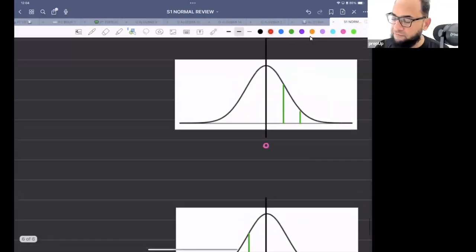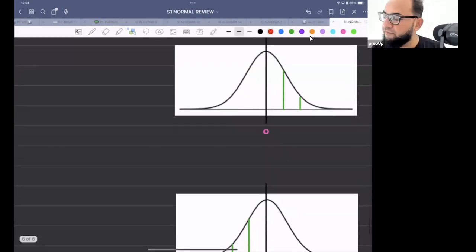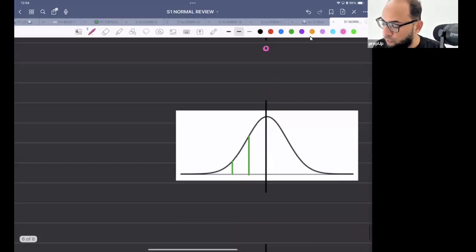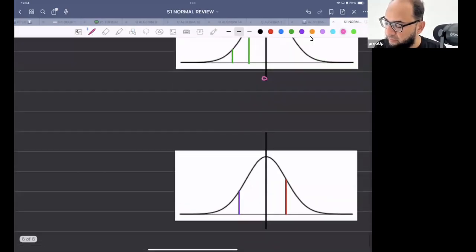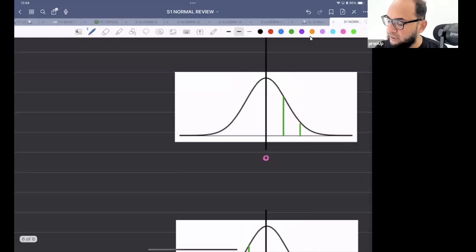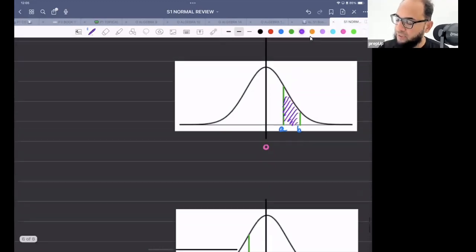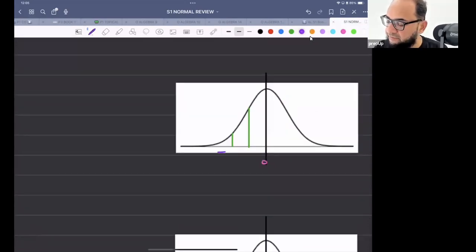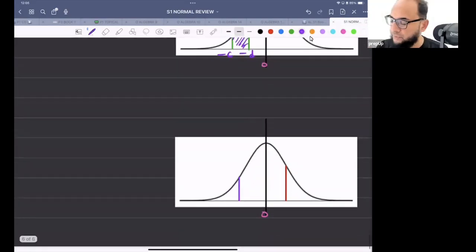Now, what do you observe? Over here, first of all, 0 is there. That is the middle value. These two z values are positive. So this is positive A, positive B, and we are looking for the area between these two. Over here, this is negative C, negative D. We are looking for the area between these two.